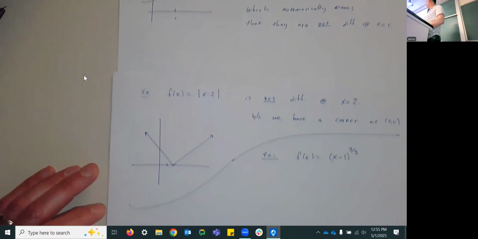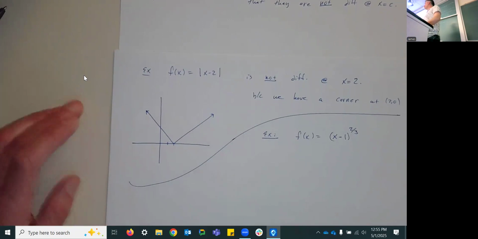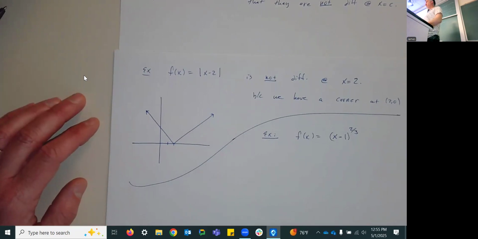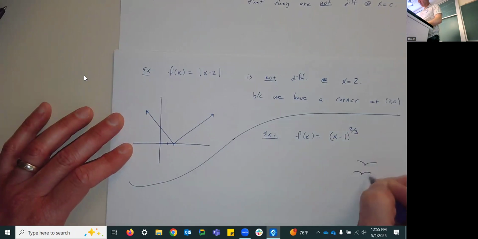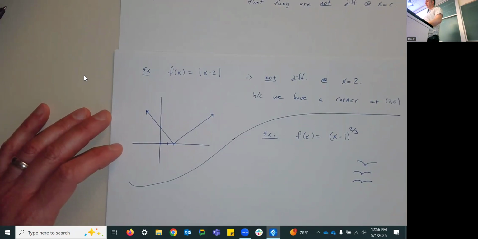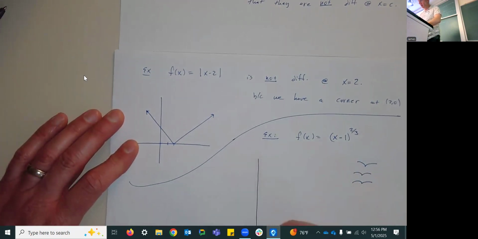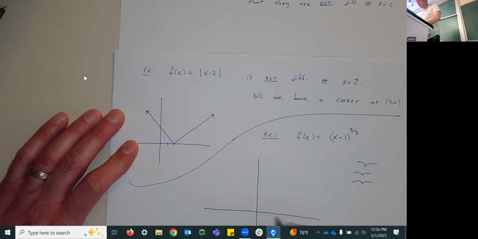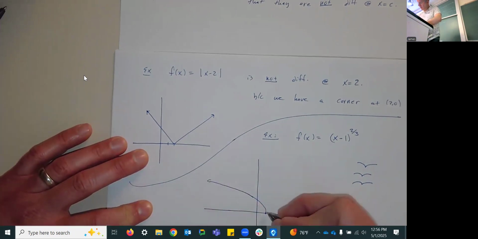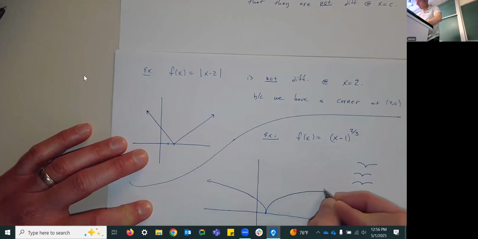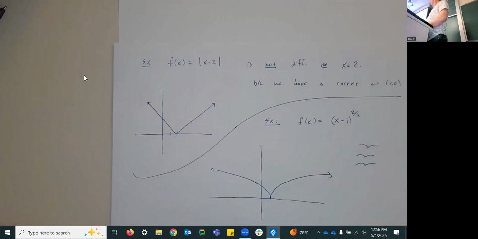I call this the bird function, because if you were ever a kid, you might have drawn birds like this. Well, this function kind of looks like that. It's been shifted 1 to the right, and let me do my best job of drawing this here. It kind of has that look to it.